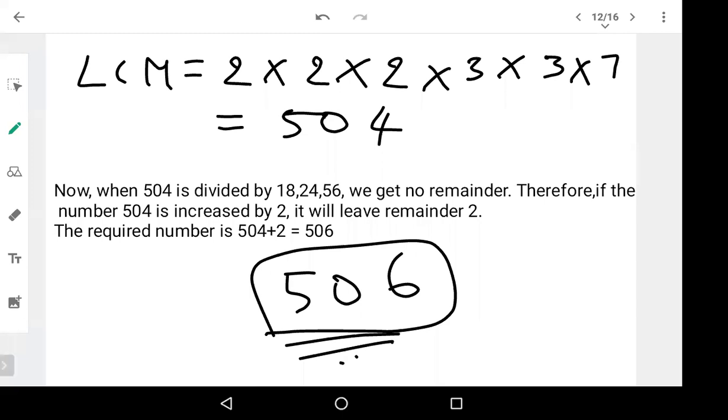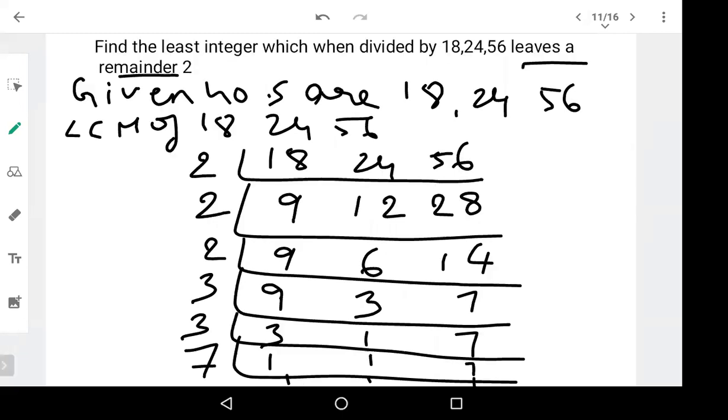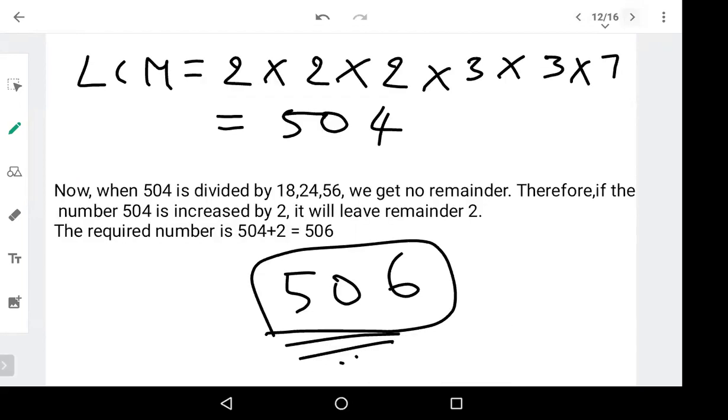Now the last conclusion you're supposed to understand is about this 504 number. One main point you're supposed to understand is that the LCM number which you get, 504, will not leave any remainder. It is completely divisible. So that is why you get that as an LCM number.